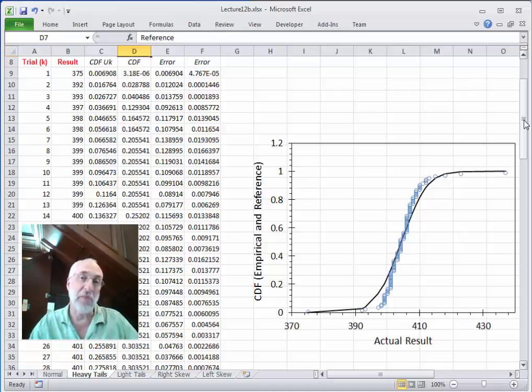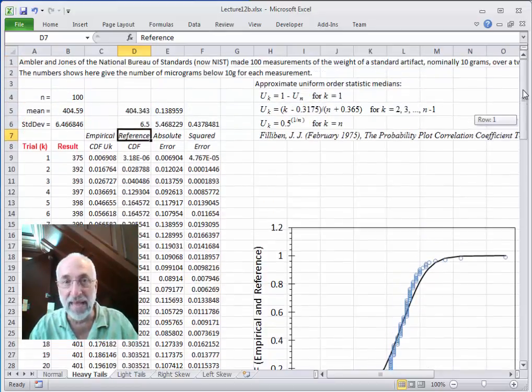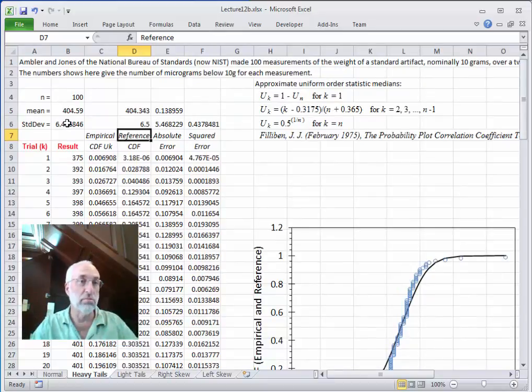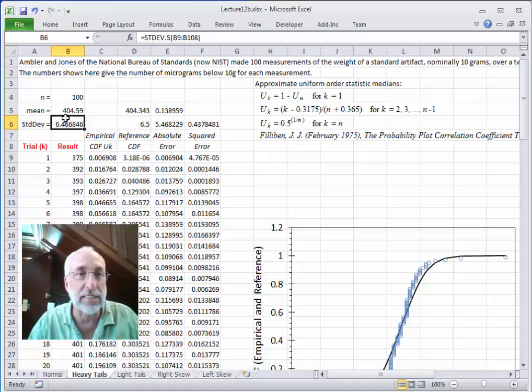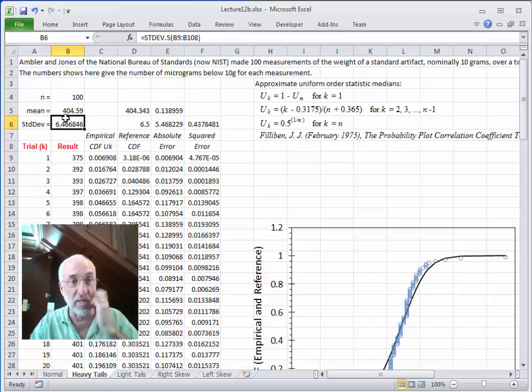You see it's not a very good match. It's not a very good match because of those heavy tails. But that was based on my estimate of the standard deviation. That was just the normal formula. In fact, you can take a look at my formula: STDEV.S, a sample standard deviation formula for all the data.